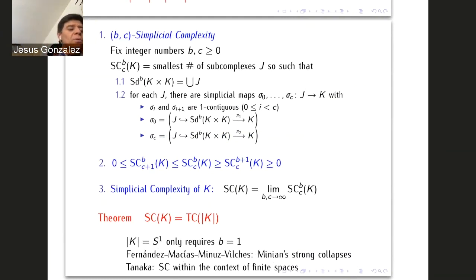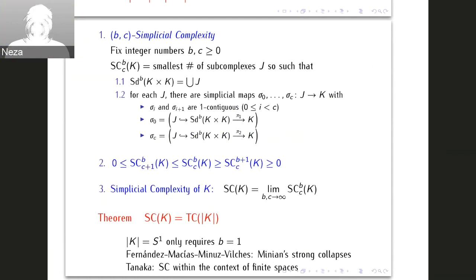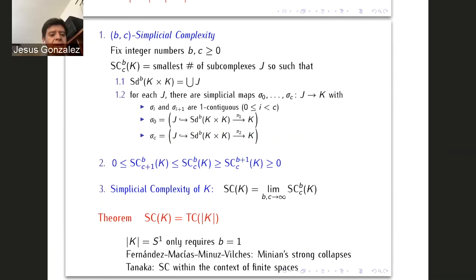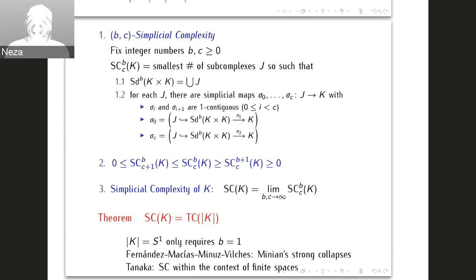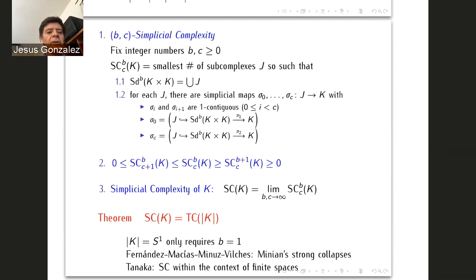Now, going back to the problem that you're raising, namely how to choose the J's. These J's have to be subcomplexes, and a complex is determined by the maximal faces. There is a finite number of maximal faces, which is usually smaller than the number of simplexes that you actually have to deal with.